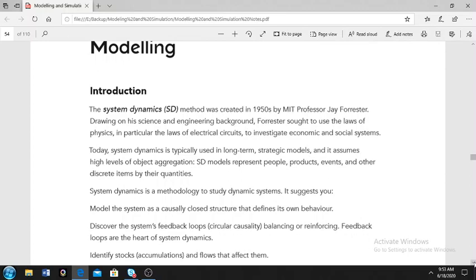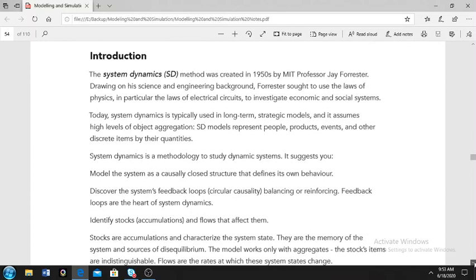Today, system dynamics is typically used in long-term strategic models, and it assumes a high level of object aggregation. System dynamics represents people, products, events, and other discrete items by their quantities.